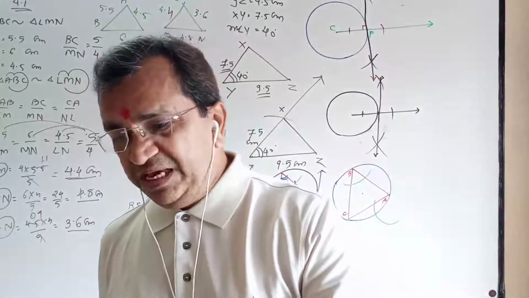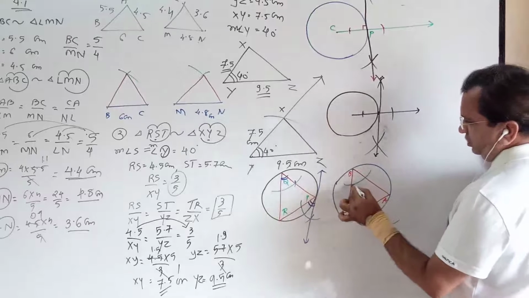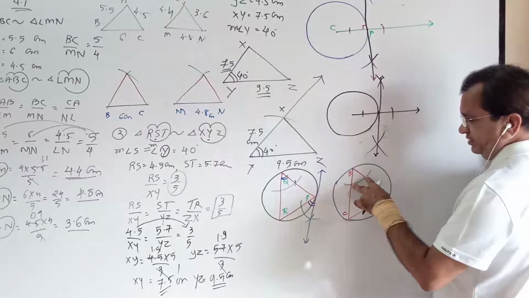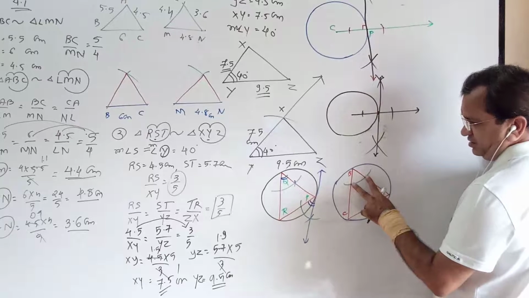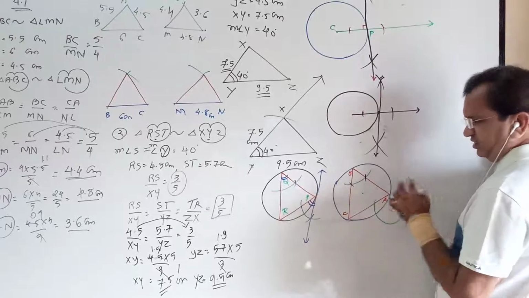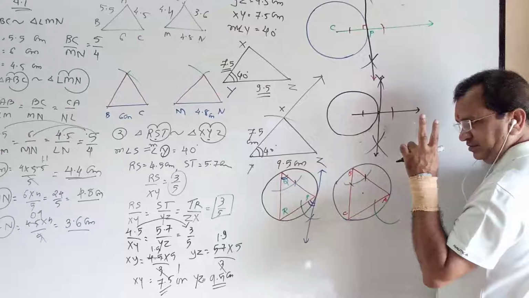Now from B you have taken this arc, so take this much and this much measurement. See this. From here you have to cut, or from here you can cut here. So this much length you will get on the circle.